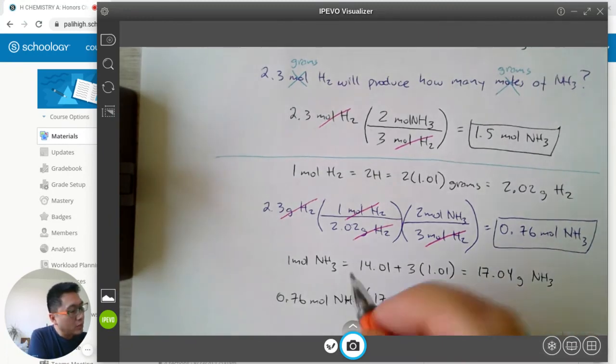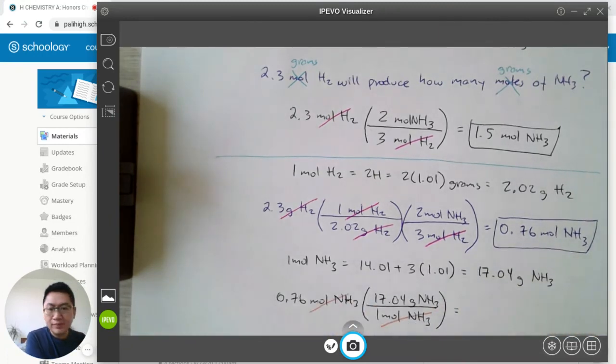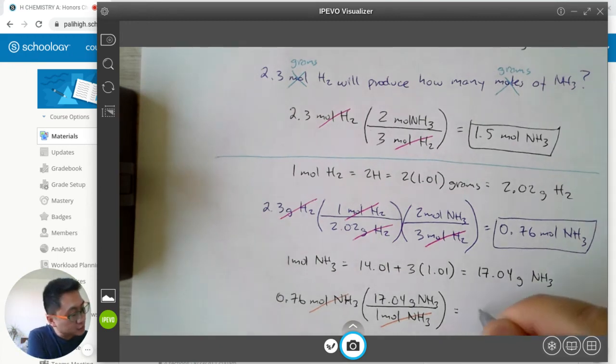So now moles of ammonia cancel out. It'd be 0.76 times 17.04, which I am typing in a calculator right now. I got 12.95, technically 2 sig figs again. So this would be 13 grams.